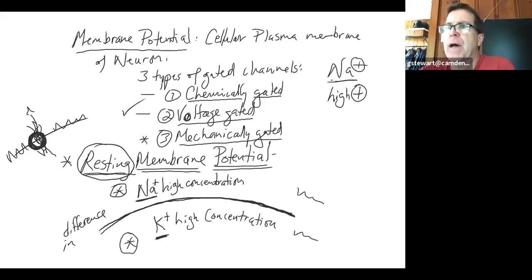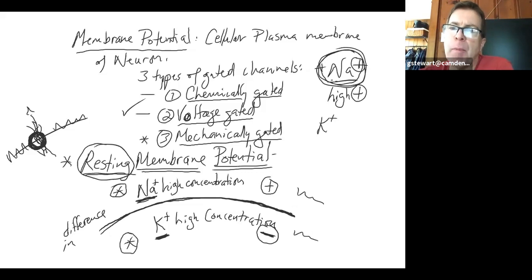Sodium has a positive charge. Potassium also has a positive charge. But sodium has a much greater positivity. It's stronger. Its positivity is stronger than potassium. And so we have a high concentration of sodium out here, a higher concentration of potassium in here. That creates a net charge of a positive environment out here, and relative to the inside, it's negative inside.